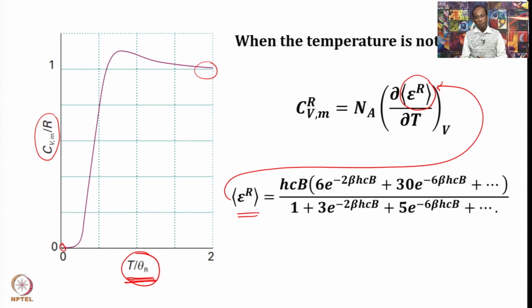I hope it is clear that when the temperature is not high, your heat capacity at constant volume will not be equal to the full R value, but it will be somewhere in between 0 and R. This is how you get it. All right. This is the rotational contribution.